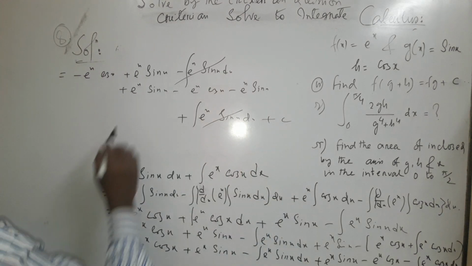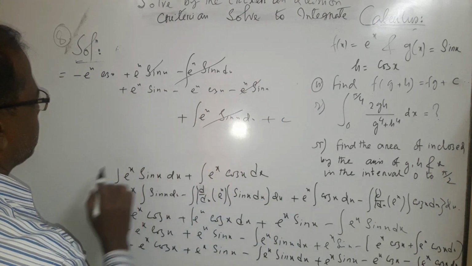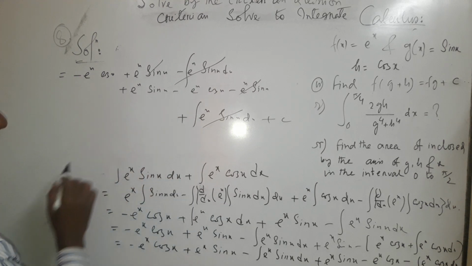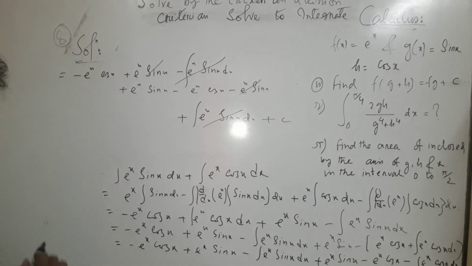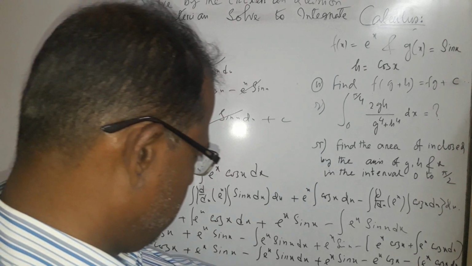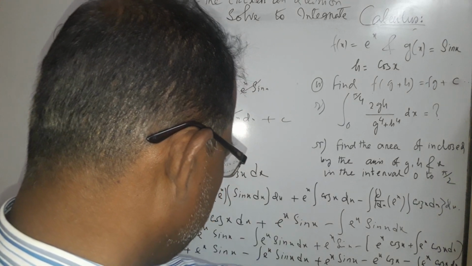Okay, e to the power x sin x, e to the power x cos x, e to the power x sin x minus e to the power x cos x.